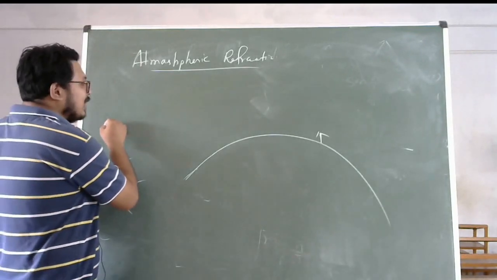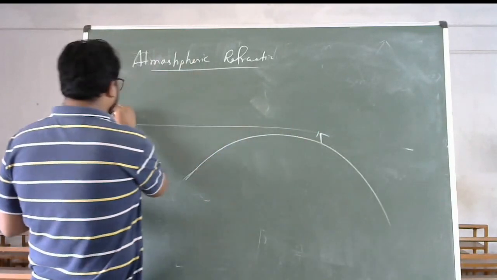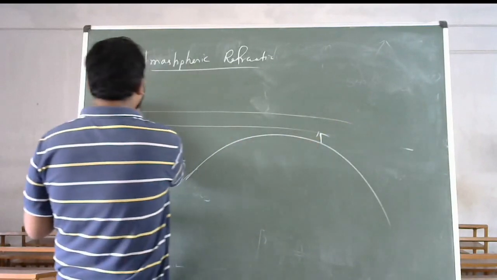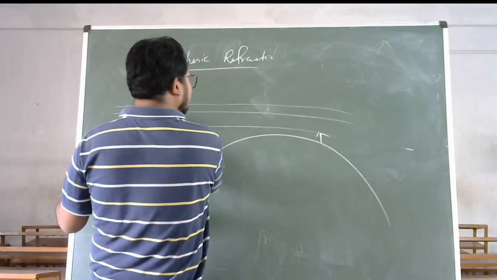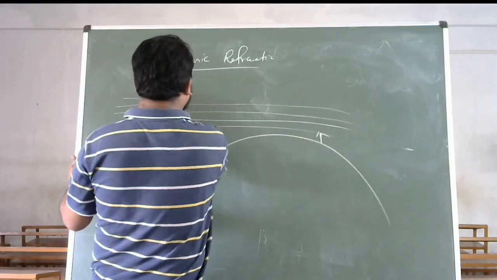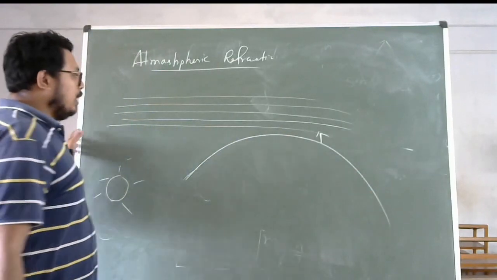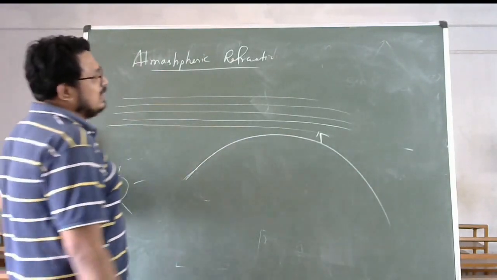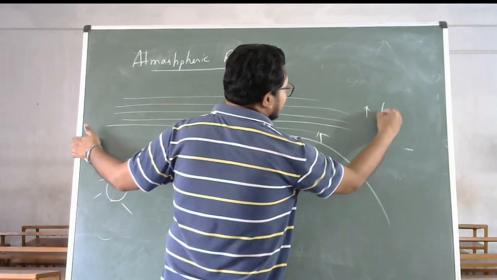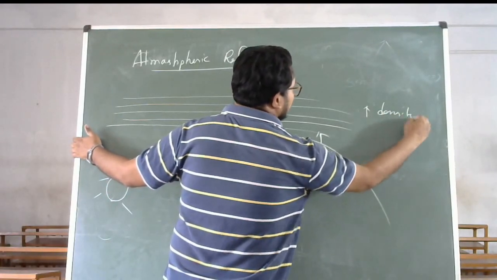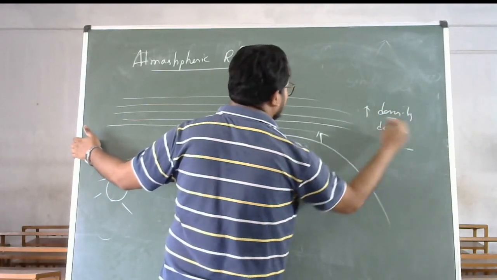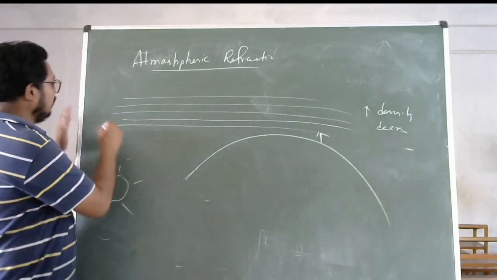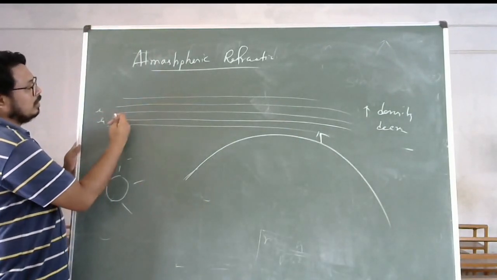So, there are layers of air, you know already. There are different layers. As you go above, the density will decrease. That means this one will be mu1, mu2 like this. This one will be rarer medium.